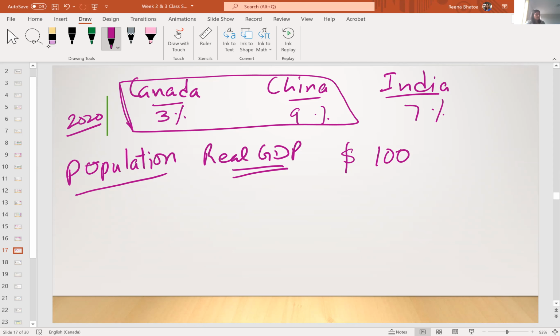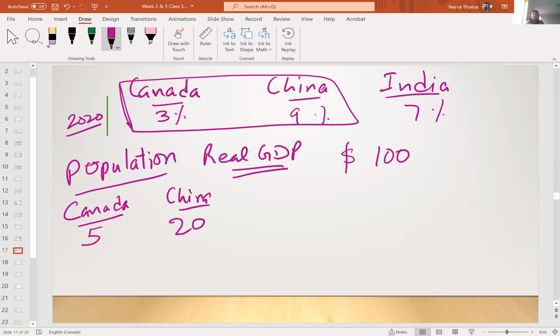Okay, and real GDP is 100. Population in Canada and China. Let's say the population in Canada is 5 people, and in China there are 20 people. Okay, comparison for both the economies.